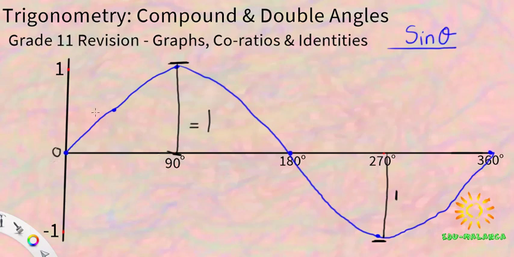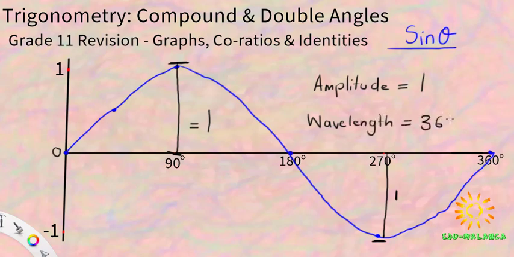And this graph will keep on repeating itself every 360 degrees, and so we call 360 the wavelength of this graph. Let's write these features down. Amplitude is equal to 1 and wavelength is equal to 360 degrees. So this is the sine graph and its properties.